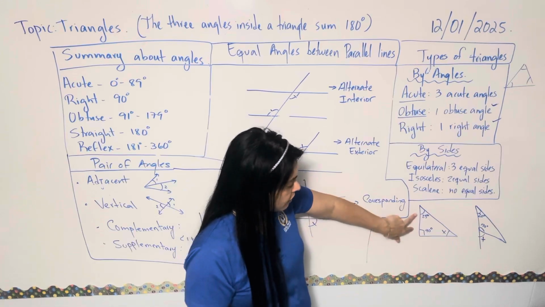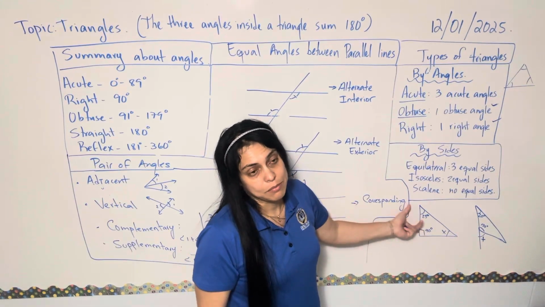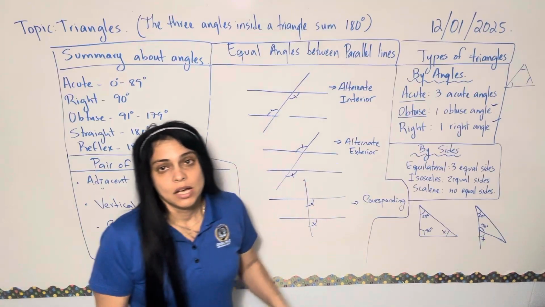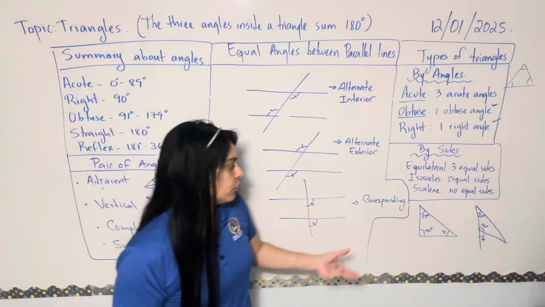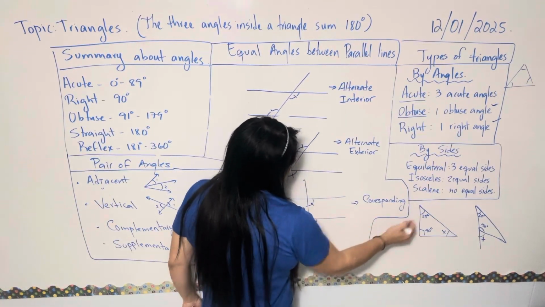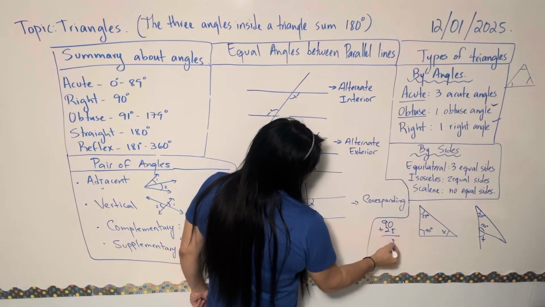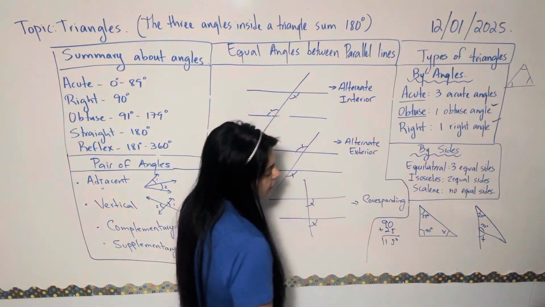So if you already have 2, you add them and subtract from 180, and of course that is gonna give you exactly the angle you are missing. So for example, if I have 90 and 25, I'm just going to add both of them, which is gonna be 115, and that's not all.